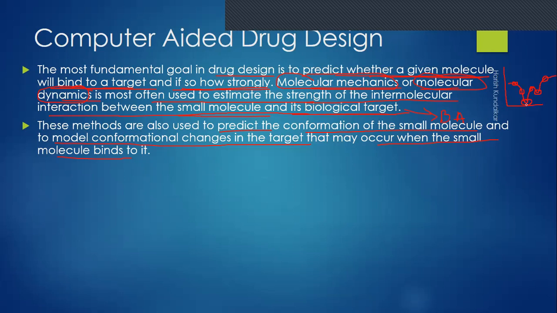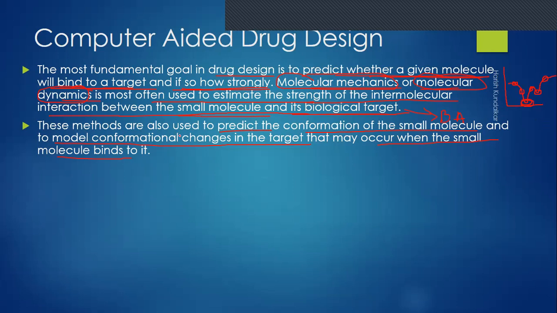So what should we do when we start with our drug design studies? We should always try and find out the global energy minimum conformer of a given ligand. Once we find that global energy minimum conformer, we can predict that yes, this particular conformer is going to bind to the receptor.